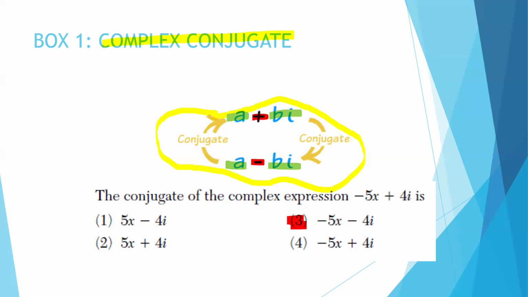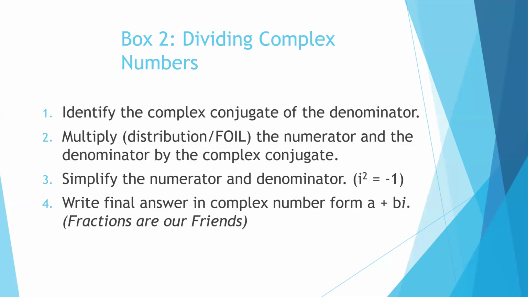All right. The next box, we're going to write the steps of how to divide. I'm going to highlight key words for you to write down, to help you learn how to paraphrase. We do not have time for you to write verbatim what you see. So in box 2 is dividing complex numbers.